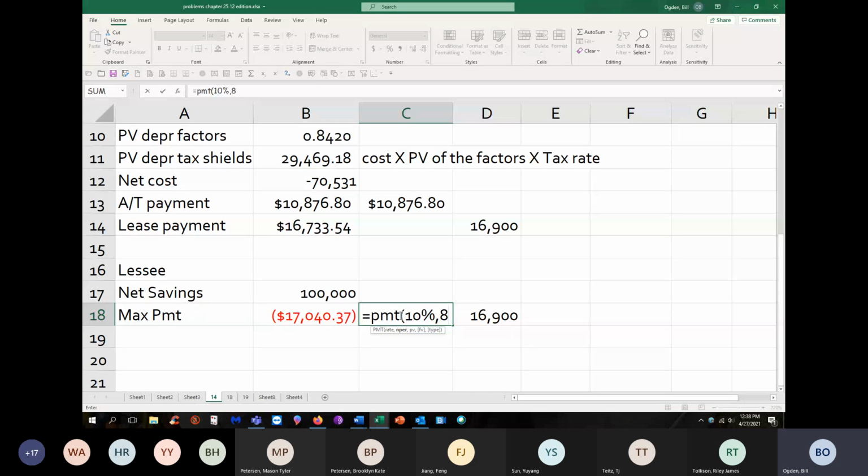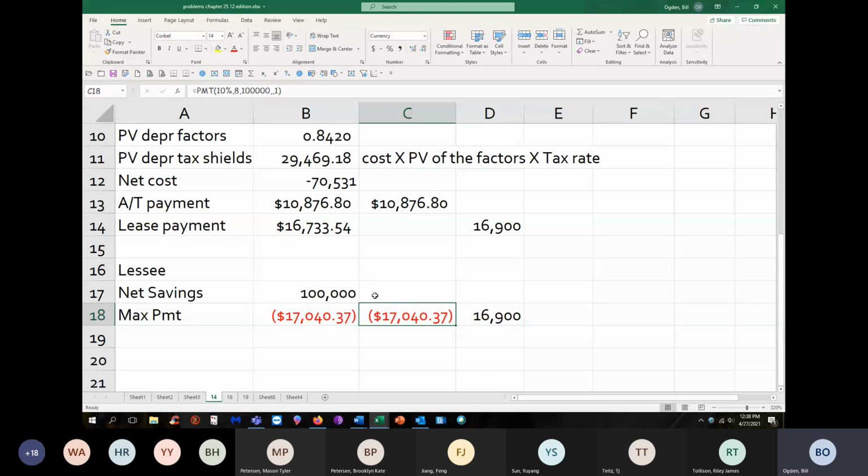Number of periods will be 8, and the present value will be $100,000. And just remember, you can't put commas in your values for Excel arguments. And then we'll eliminate the, there you go. So the payment is $16,900.